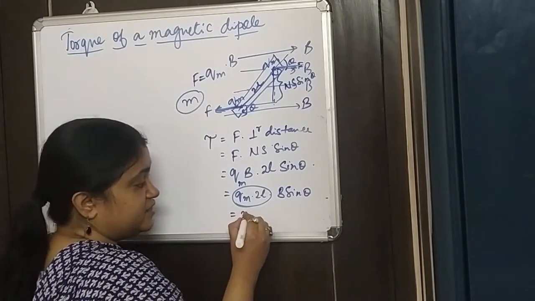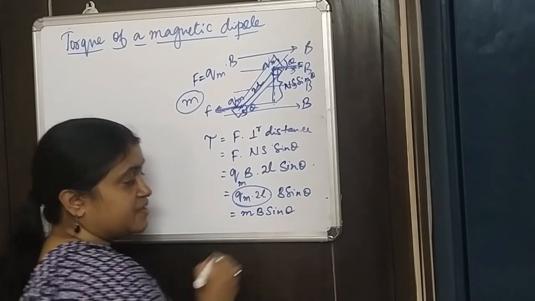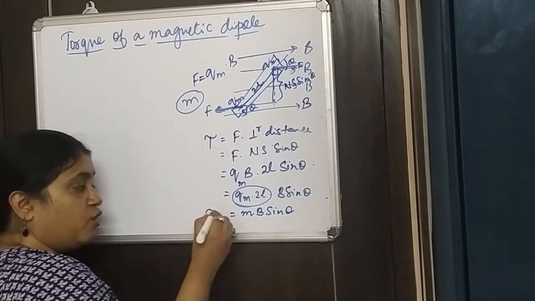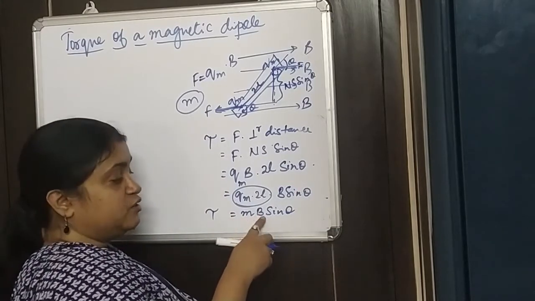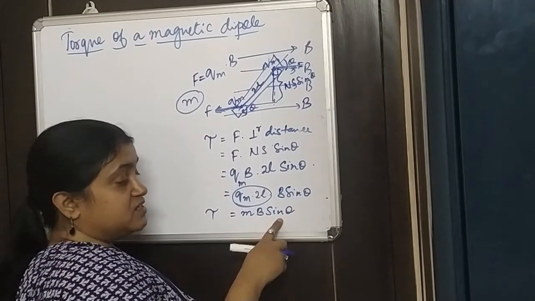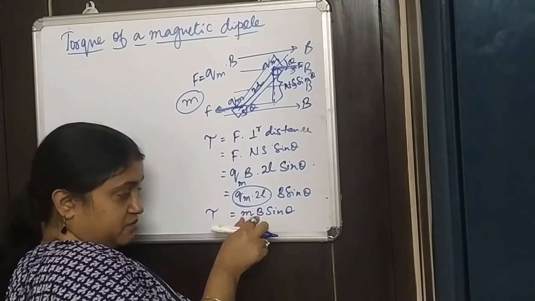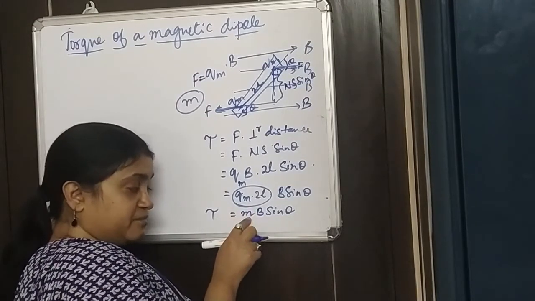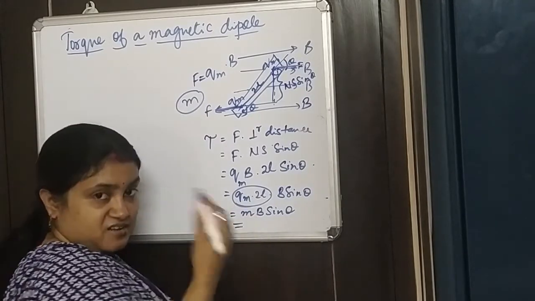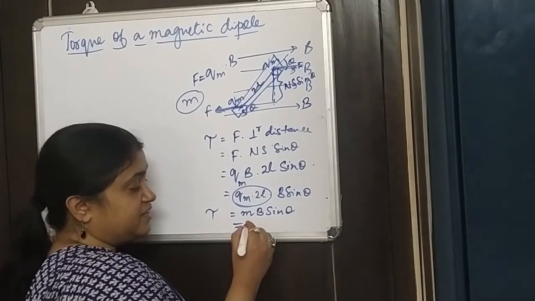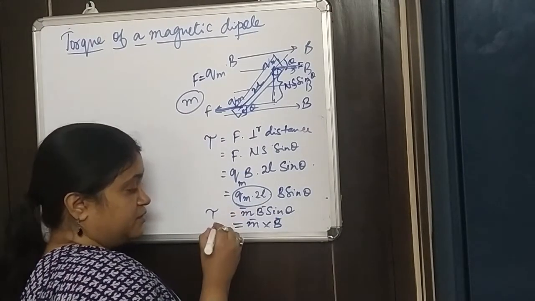So I can write it as M into B sine theta. So the torque is nothing but magnetic moment into B into the sine of the angle between these two vector quantities, that is magnetic moment M and B. Therefore, from our vector knowledge, we can write it as M cross B, right?